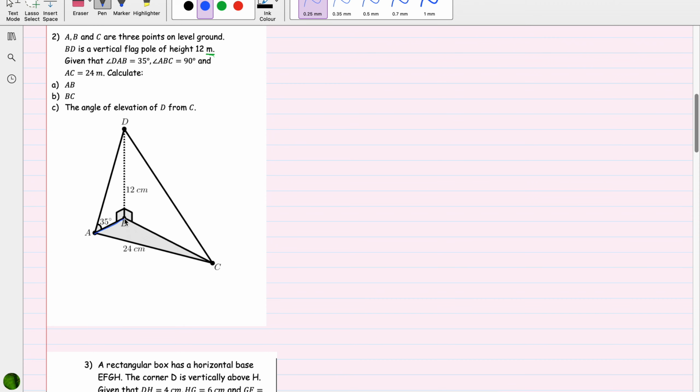To calculate this AB, I'm using this complete triangle. You see I have this perpendicular, I'm using this base and 35 degrees. So tan of 35 is perpendicular over base.